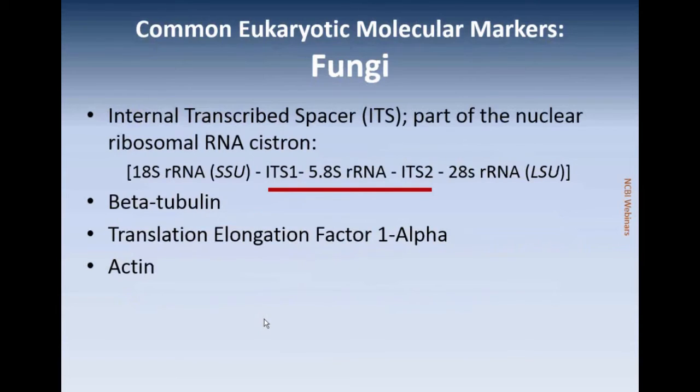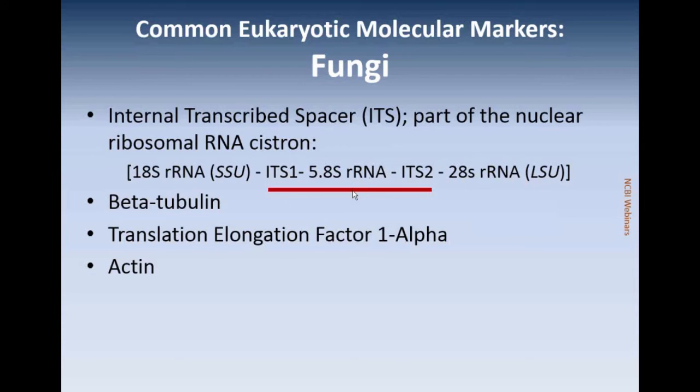For fungi, many people study the internal transcribed spacer region. That is referring to this part which is underlined with the red line, but that is part of the ribosomal RNA cistron, which includes the small subunit, the two internal transcribed spacer regions, along with the 5.8S and the 28S, or the large subunit ribosomal RNA gene. I want to point out that there is no such thing as the ITS gene.